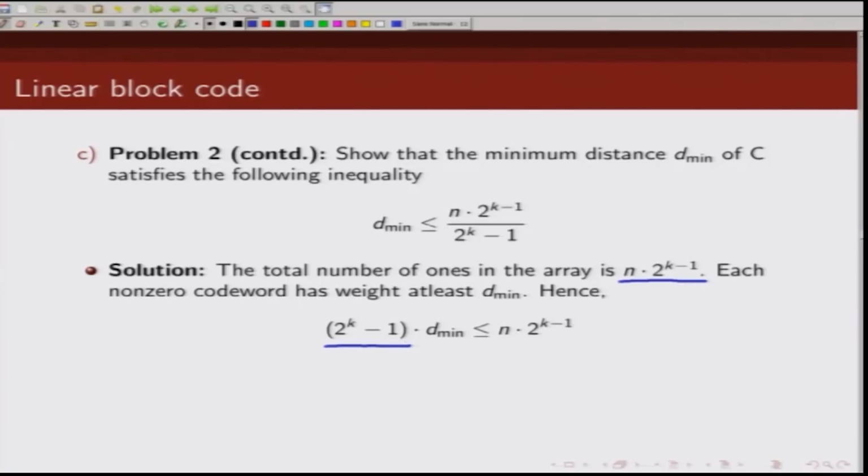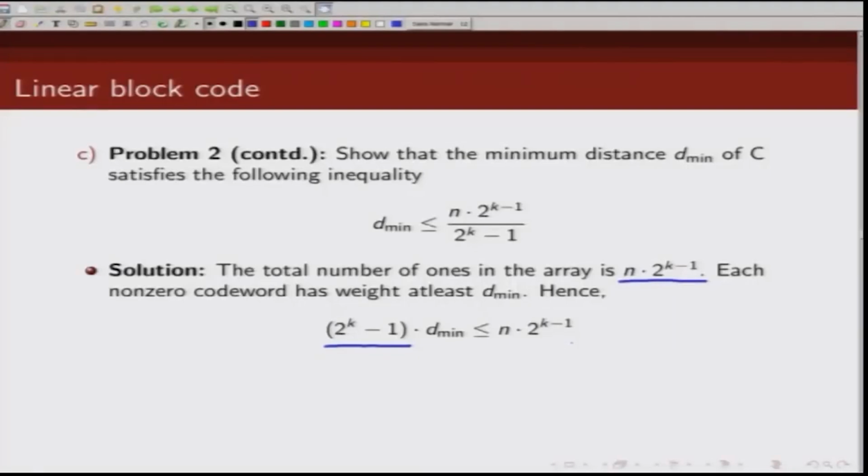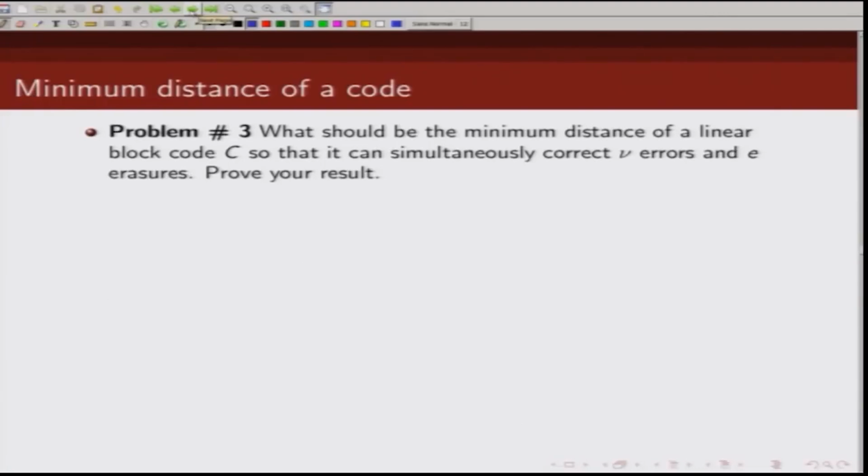So, the total number of non-zero code words multiplied by d min must be less than or equal to the total number of ones in this code array, which is given by n times 2 raised to power k minus 1. So, from this relation we can write that the minimum distance of a code is upper bounded by this relationship.